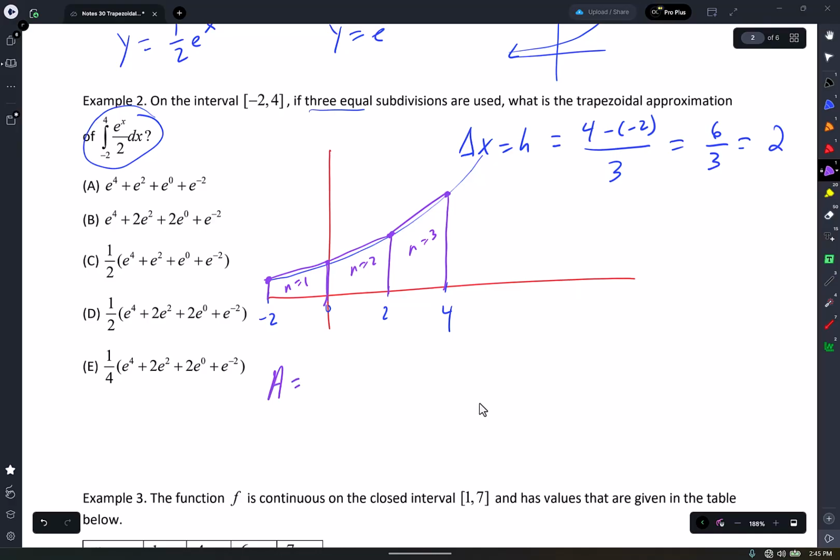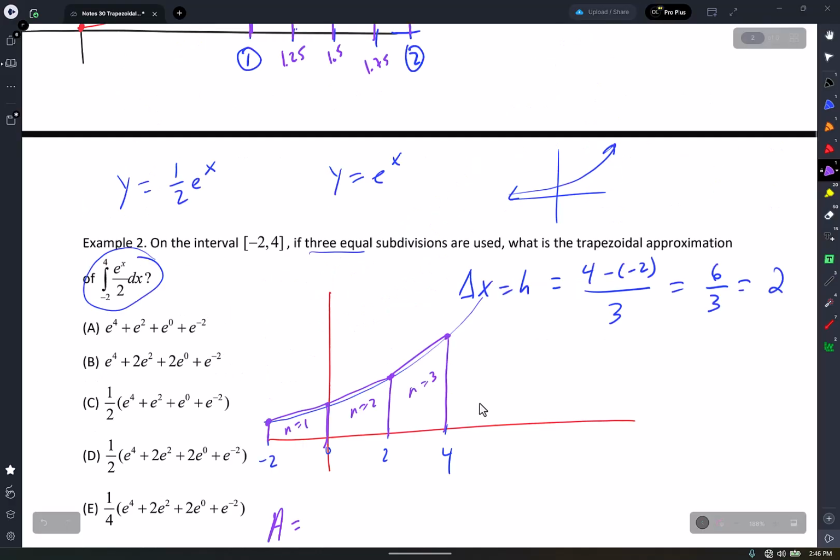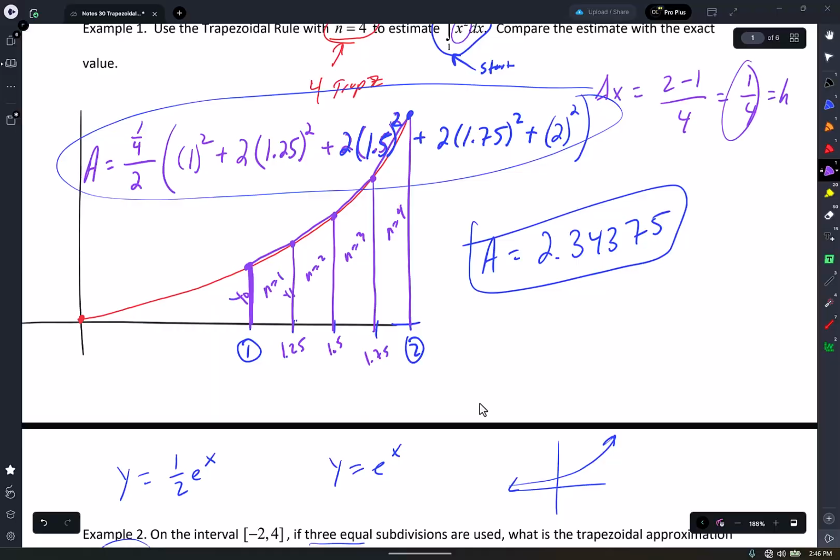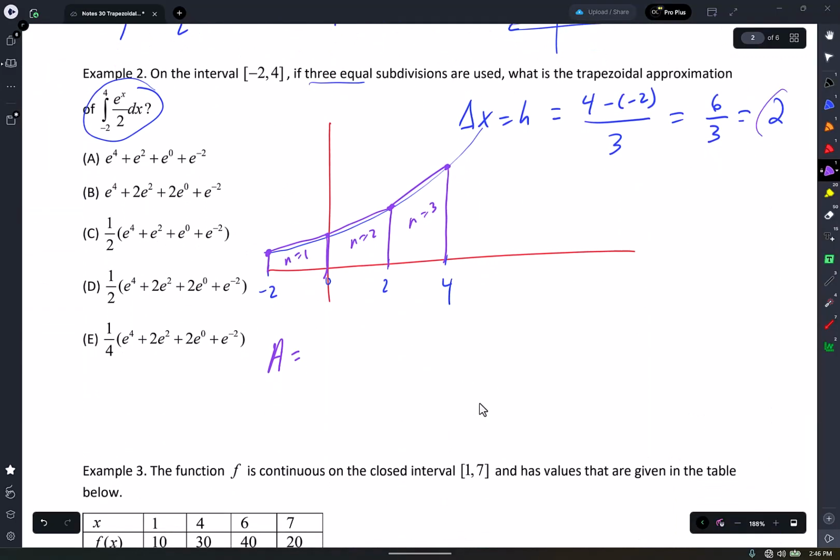Y'all ready? Here we go. Area of a trapezoid, I'm just using my formula. It says h divided by 2. Well, my height is 2. So 2 divided by 2, open parenthesis. The vertical displacement right here is just e to the negative 2 over 2. There's no 2 in the front.